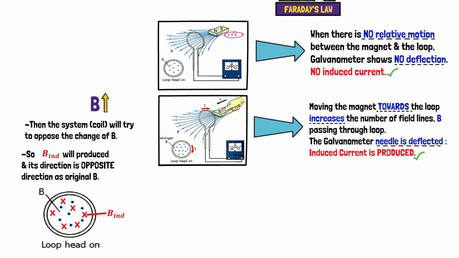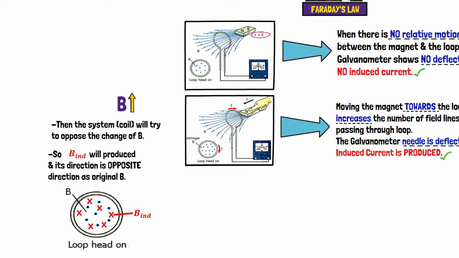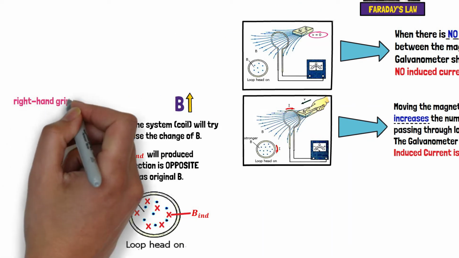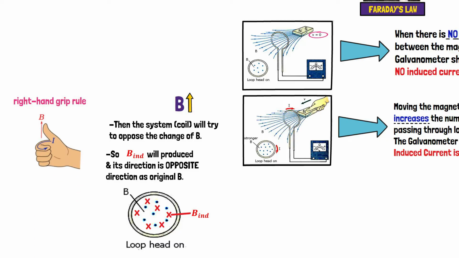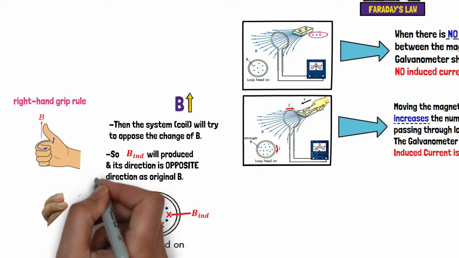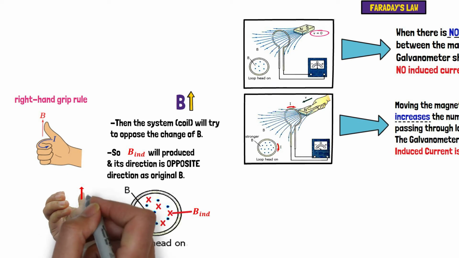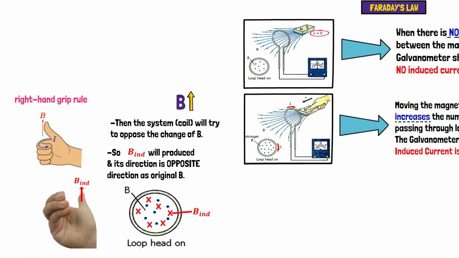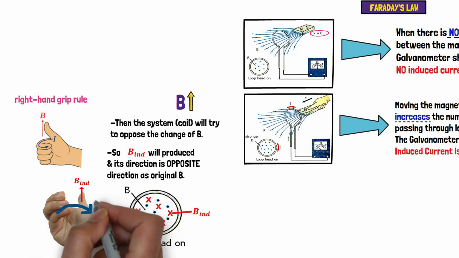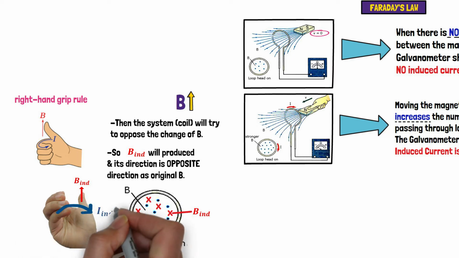Bila kita dah tentukan direction of the induced magnetic field dengan betul, kita perlu gunakan right hand grip rule seperti yang ditunjukkan dalam gambar rajah ini untuk kita tentukan direction of the induced current. Jadi sekarang kita tengok tangan saya ini, my thumb is pointing into the page, ke dalam screen ini. So we can see here that the other 4 fingers will be pointing in clockwise direction as shown in this figure.